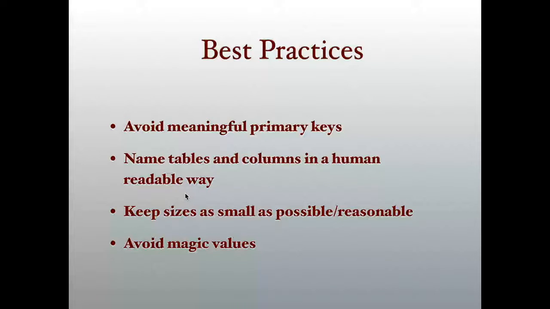If I don't have a lookup table with those numbers, let's say I've got it somewhere in the code, something that knows that a 1 is new, a 2 is open and a 3 is canceled, that becomes a magic value, because I've got to know where to look to figure out what that thing means. Avoid that. It should be pretty much self-explanatory. If you start looking into the data and understand the relationships, you should be able to see what everything means.